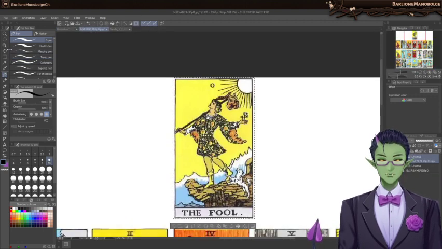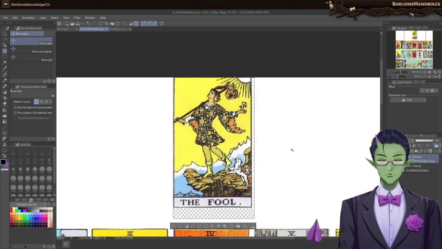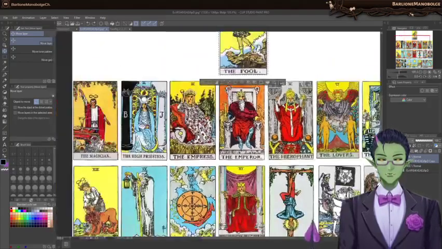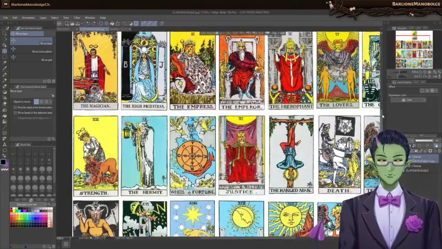For instance, I believe it is, yes. The Hanged Man, which is number 12, is in the shape of a 4, or an upside down 4. That's because he was hanged by the Emperor.